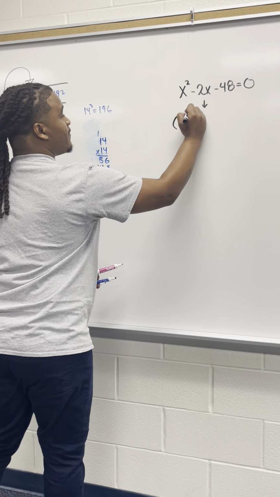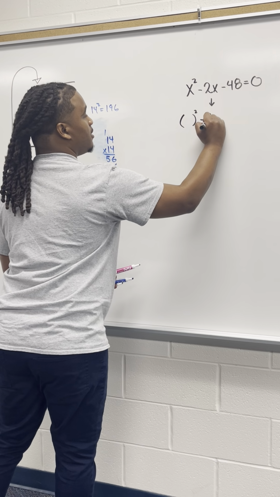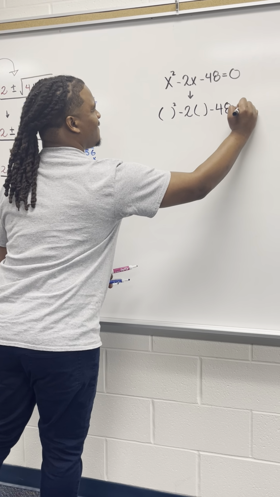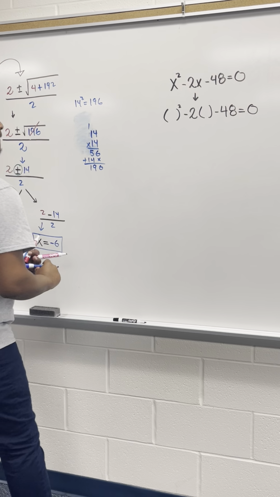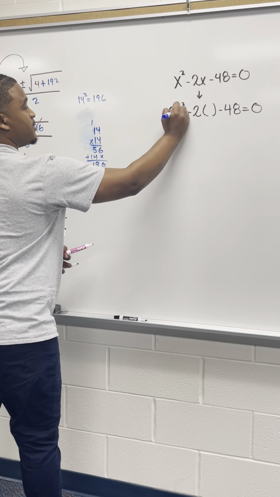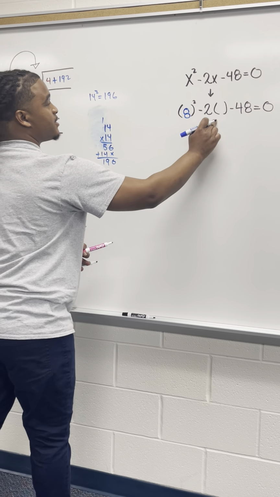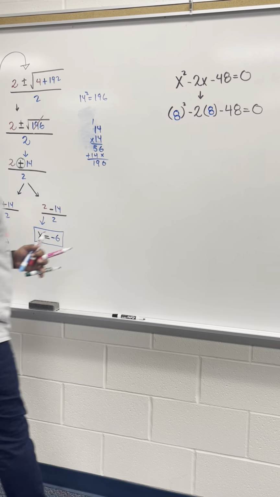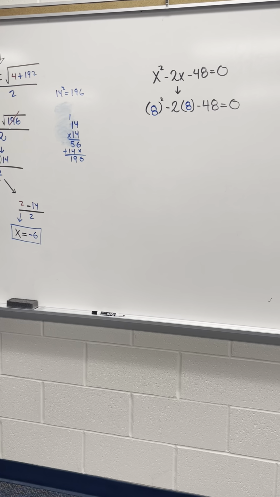So everywhere that I have an x, that's where I'm going to plug the positive 8 in. So x squared, which is 8 squared, minus 2x, which is minus 2 times 8, minus 48. We're going to see if all of that equals 0.